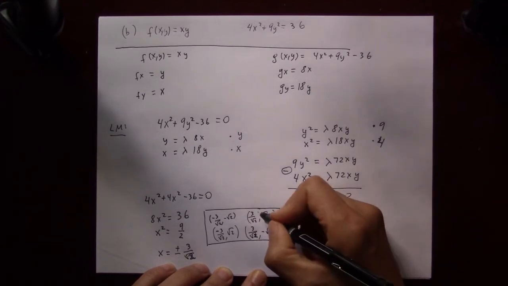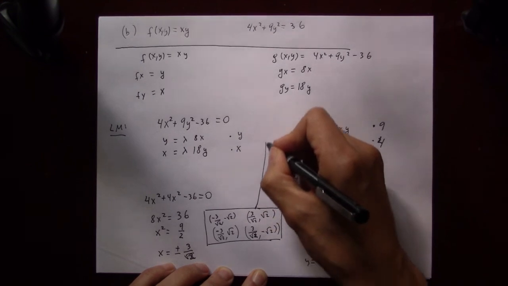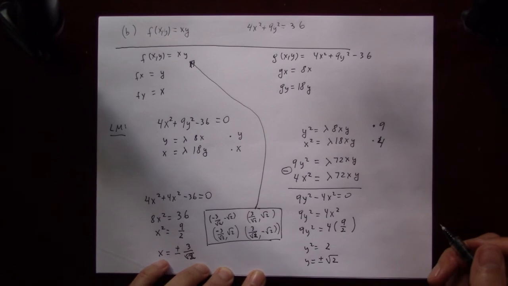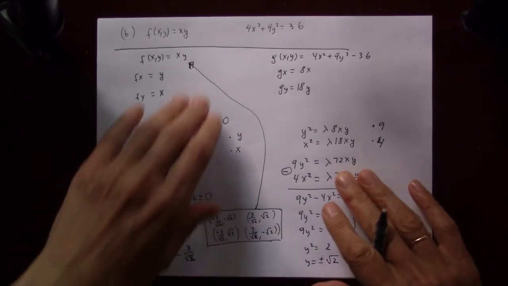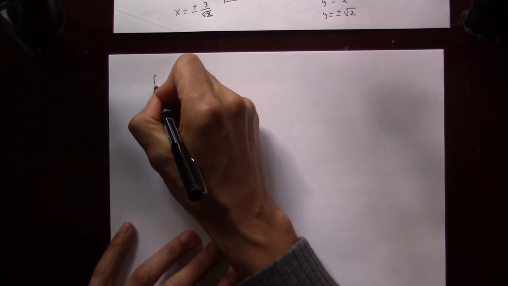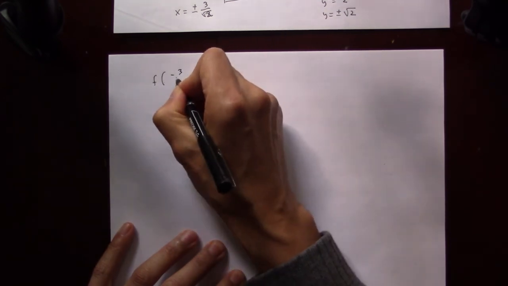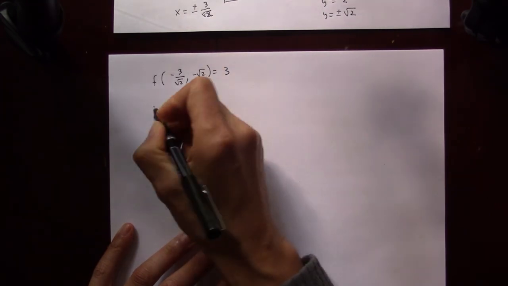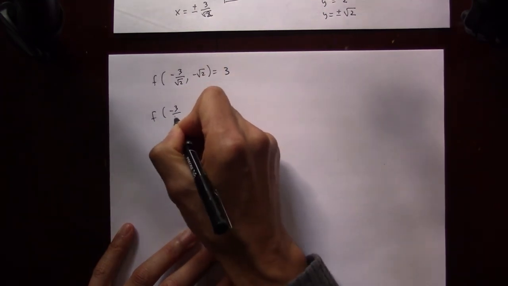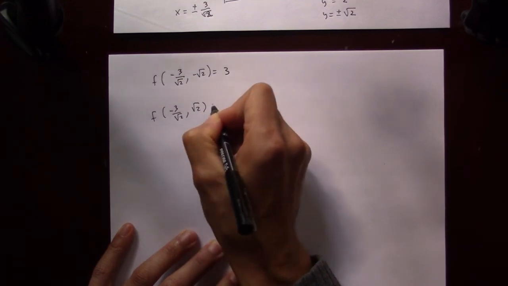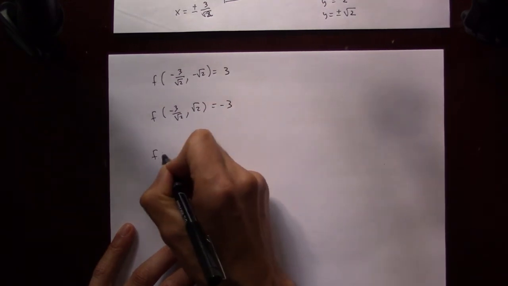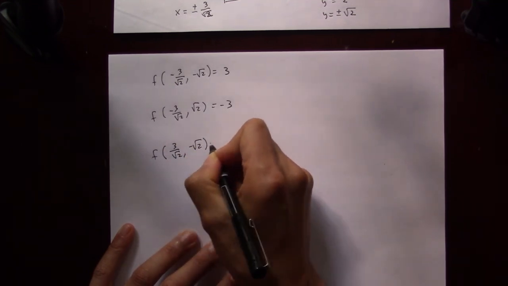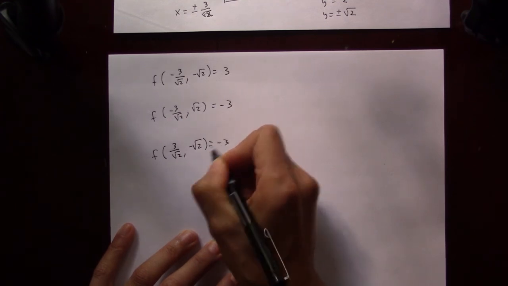So we take these 4 points and we substitute into the function which we want to optimize, and we figure out that f at negative 3 over root of 2 and negative root of 2 is going to be 3. f at negative 3 over root of 2 and root of 2 will be negative 3. f of 3 over root of 2 and negative root of 2 is going to be negative 3.